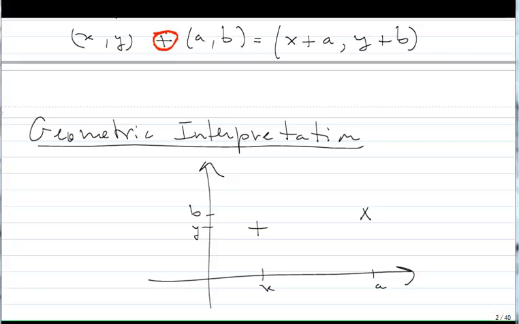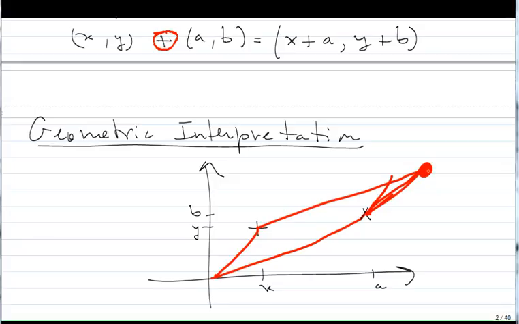One way to see it is to draw this parallelogram, okay? And what's interesting is that this point here is exactly (a plus x, y plus b).